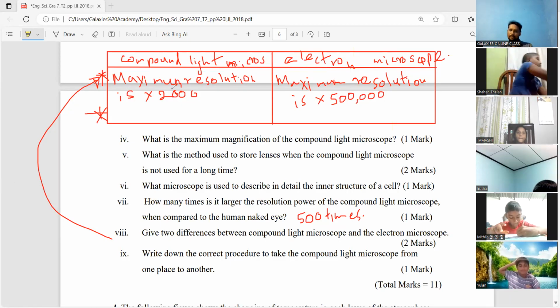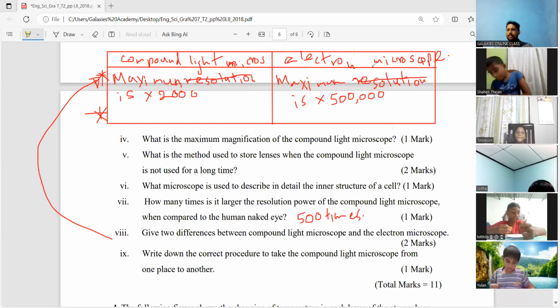Then another difference, write down. Sorry, this one is not the resolution. Make the resolution again, maximum magnification. It is not the resolution, it is magnification.